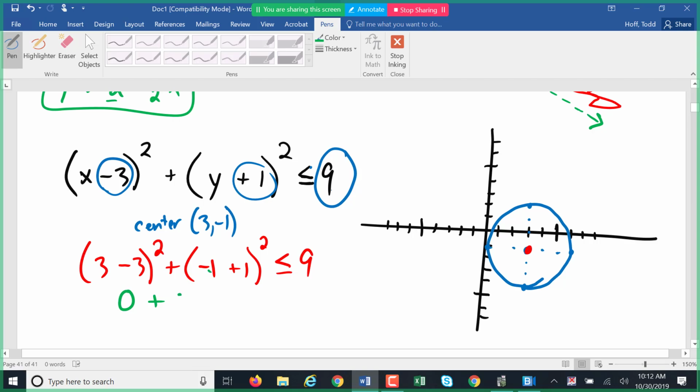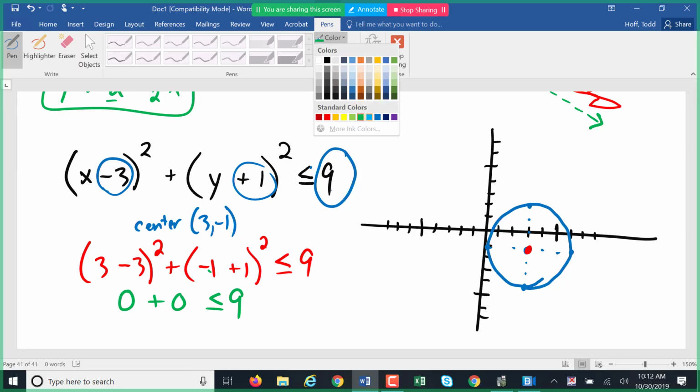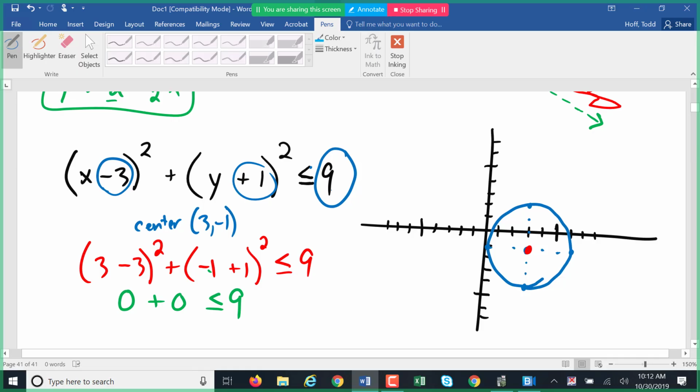Negative 1 plus 1 is 0, squared is 0. Of course, 0 plus 0 is 0. Is that less than or equal to 9? And it is, which tells us we're going to shade the inside. Since that point is true and it's inside the circle, that means our solutions are the points inside the circle.